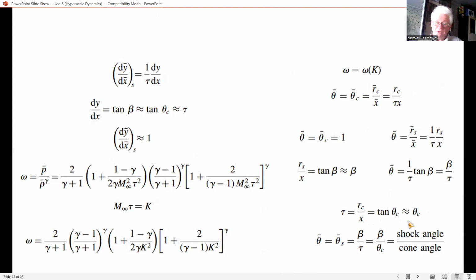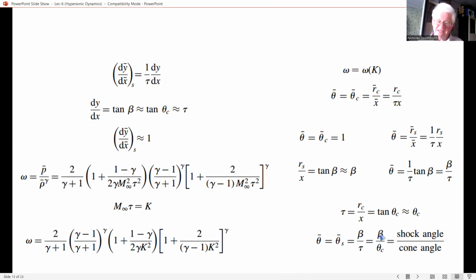And hence, we can write for the shock our final expression on the right bottom column. Theta average will be beta over tau, or beta over theta sub c, or in other words the shock angle over the cone angle. What does this give us?